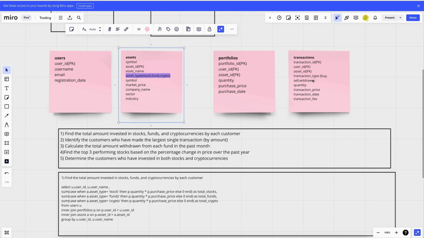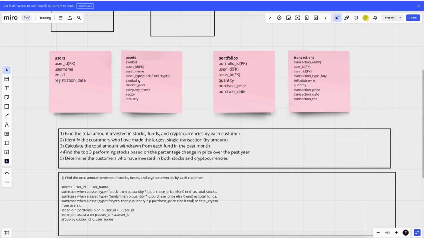Again, we added how the transaction type looks, and we need to know the difference between purchase price and transaction price. So we can have a separate note, like a sticky note, to mention what the columns we are trying to create are and what the expected value in those columns will be.